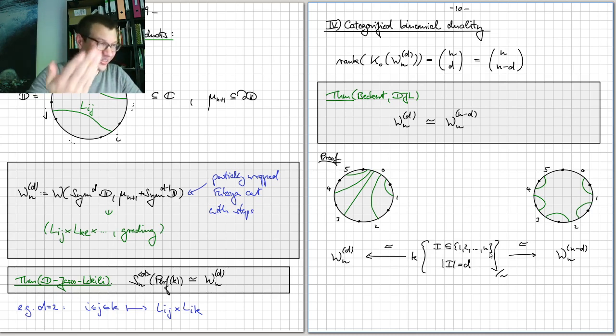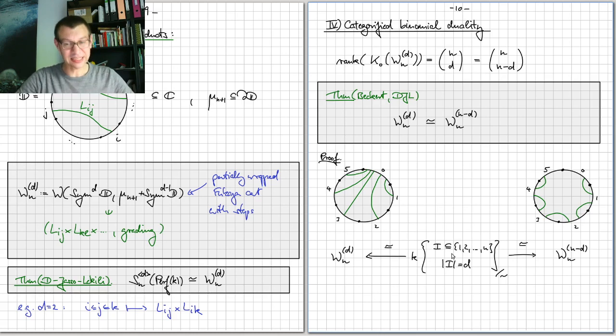So somehow the different interpretations of this binomial coefficient materialize to switching from a subset of cardinality d to the complement, which will have cardinality n minus d. And of course, there are as many of each class. And so that materializes this bijection here. And so it turns out that exactly this materialization can be translated into an equivalence between these categories.